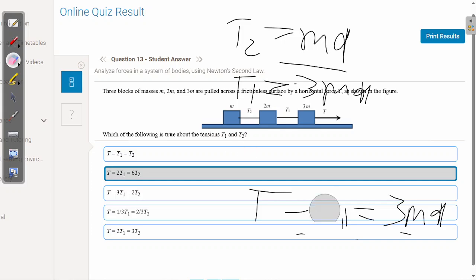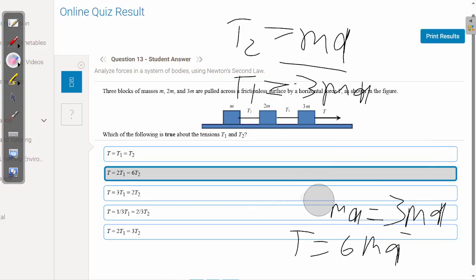and we can substitute T1 here. So T minus 3MA equal to 3MA, so T is equal to 6MA. Now we can see they want everything to be in terms of the other things. T2 is MA, and T is 6 MAs.